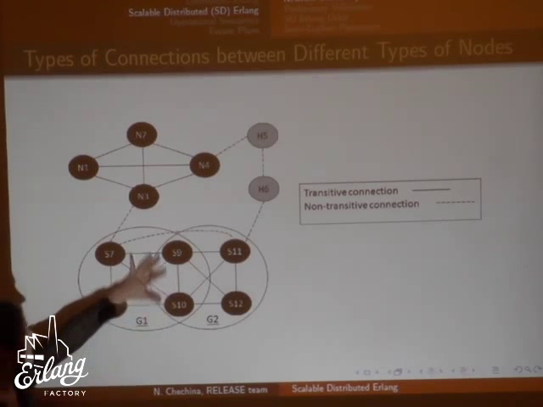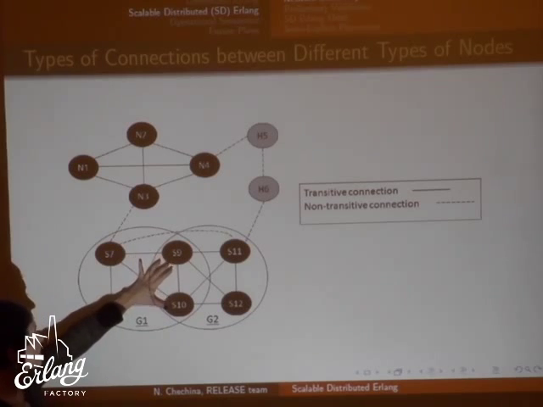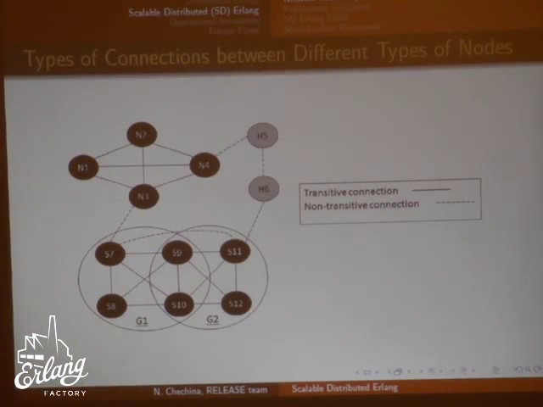The feature of nodes in S-groups is that they can belong to multiple S-groups. If you look at S-groups, you may say that's quite similar to global groups. The difference is that in global groups, nodes can belong only to one global group, and S-groups can belong to multiple groups.